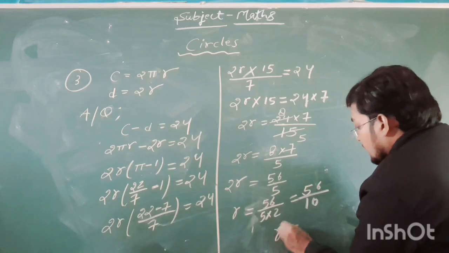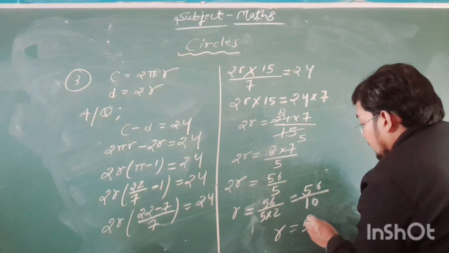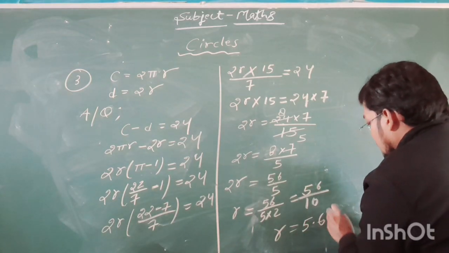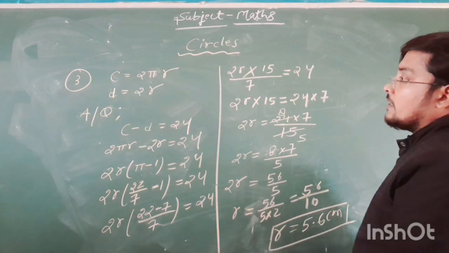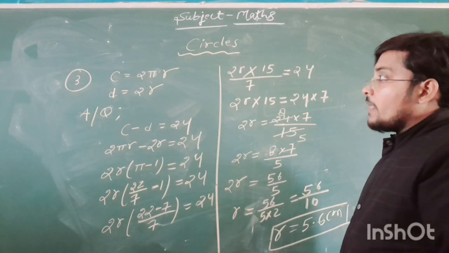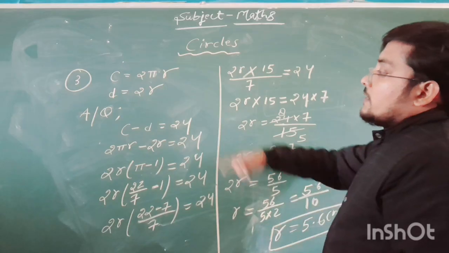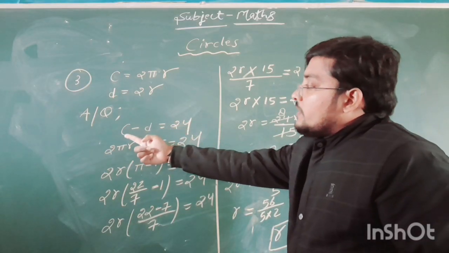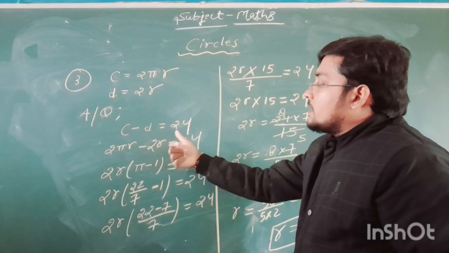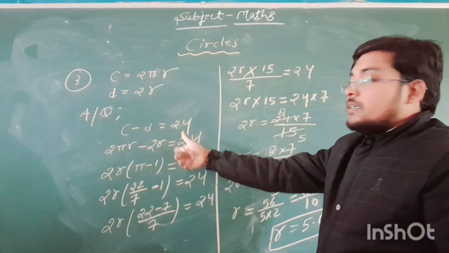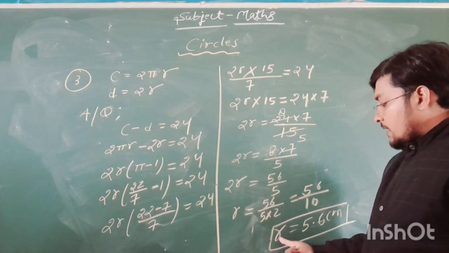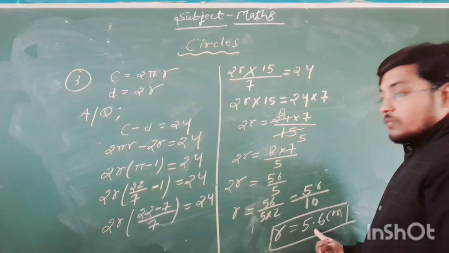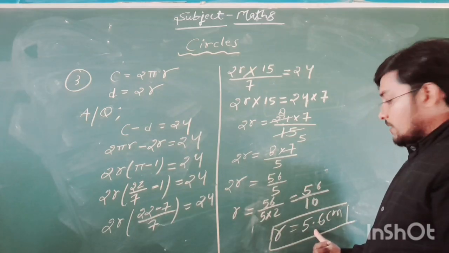So r is equal to 5.6 centimeters. So if the difference between circumference and diameter of the circle is 24, in this case the radius of the circle is equal to 5.6 centimeters.